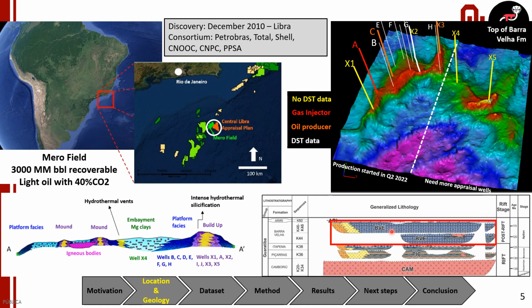And the main producing reservoirs are related to buildups and mounds heavily silicified, modified from a regional hydrothermal event, which has affected mainly the pre-existing porous system. So mainly in the buildups here, those are the main producers.